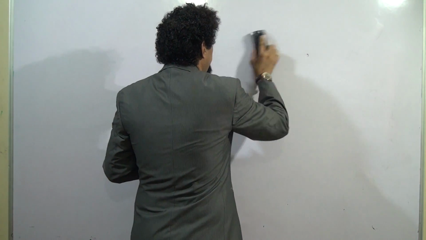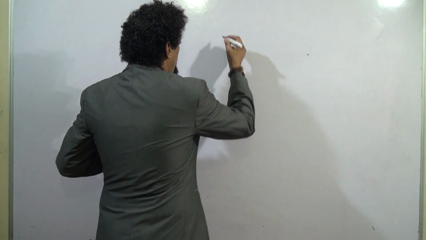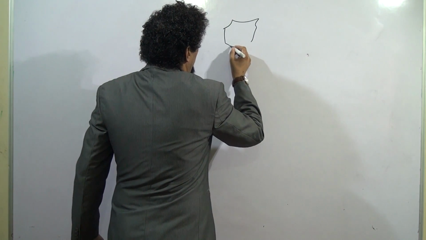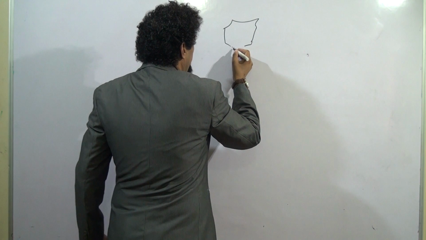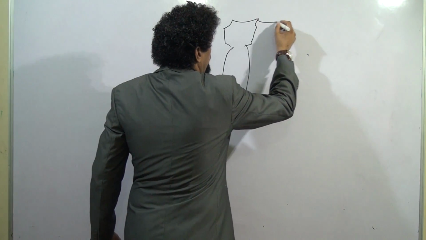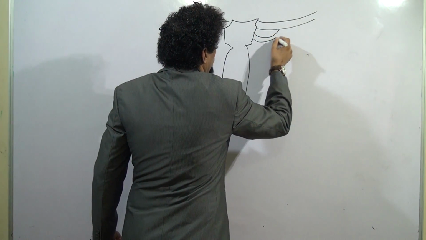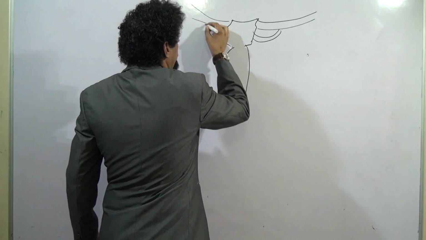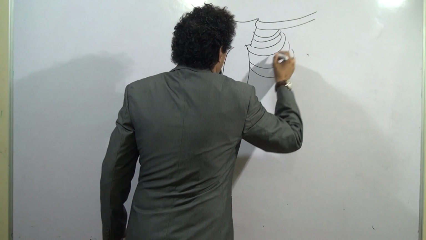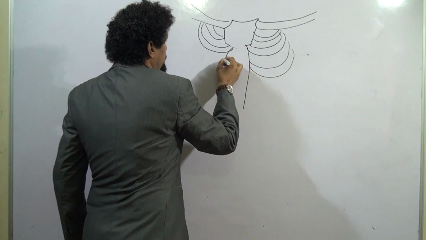The heart is the central pumping organ, a fibromuscular organ, lying in the middle mediastinum. This is the sternal angle.